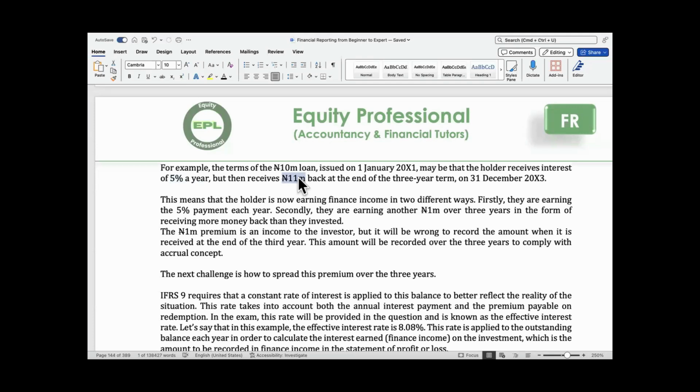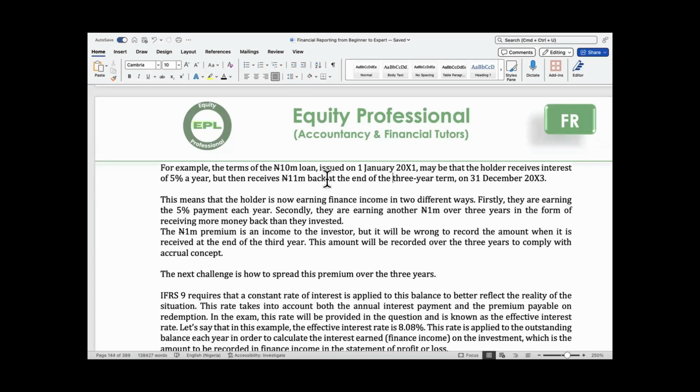The only reason you are earning this extra 1 million is because you are holding this investment for 3 years. If the guy should sell this investment before the end of the third year, he will lose that extra 1 million. So that extra 1 million should be recognized over the 3 years.